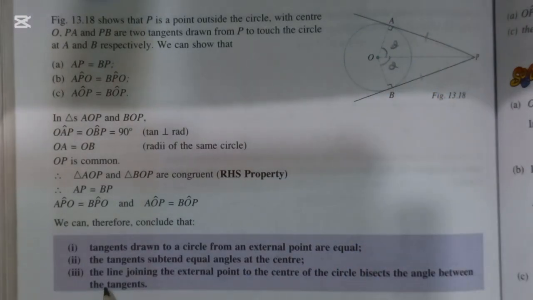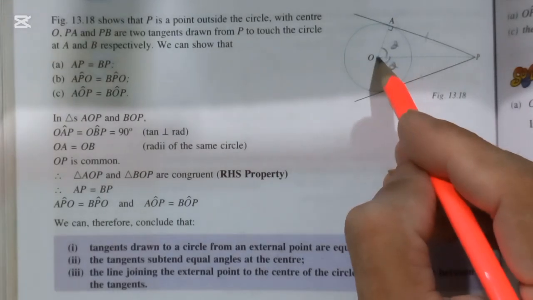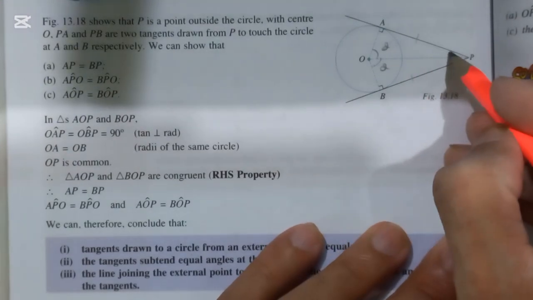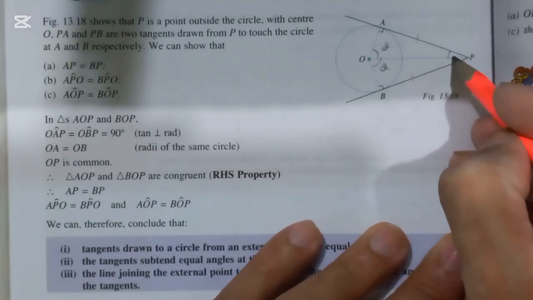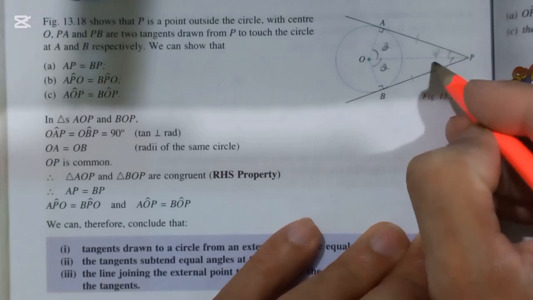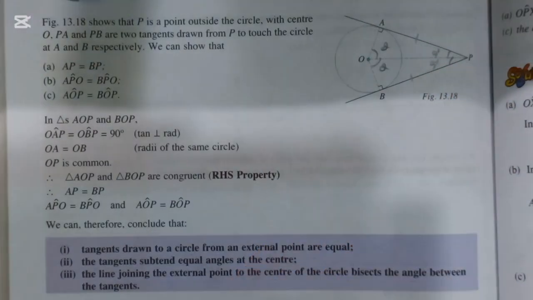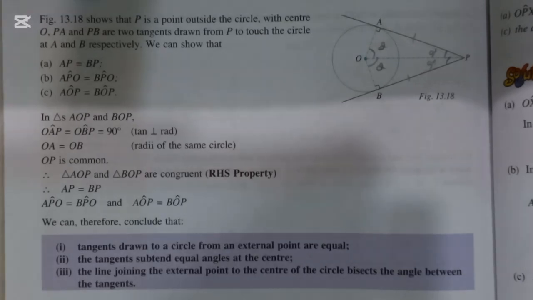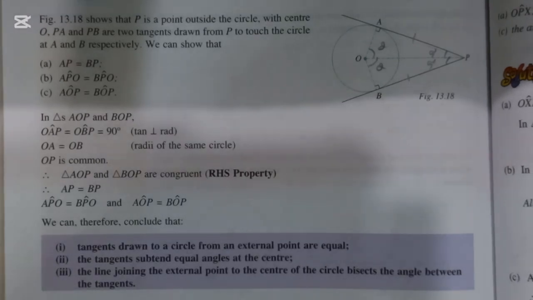The next property is the line joining the external point to the center of the circle bisects the angle between the tangents. This is the center. If we draw a line from the center to the external point, the angle between the tangents will be bisected. So if this is alpha, this will also be alpha. So these are the three properties of the tangents. Now we will use them in the questions.